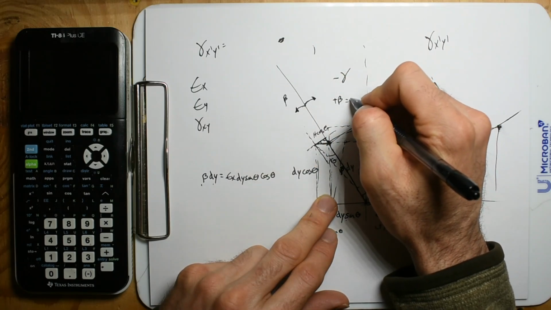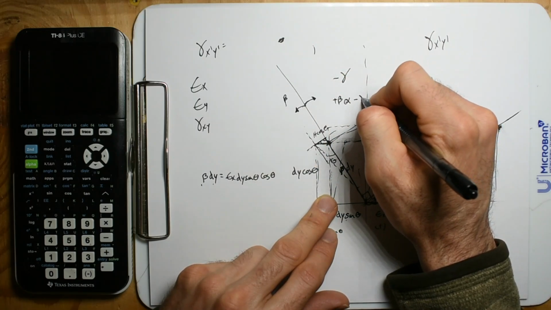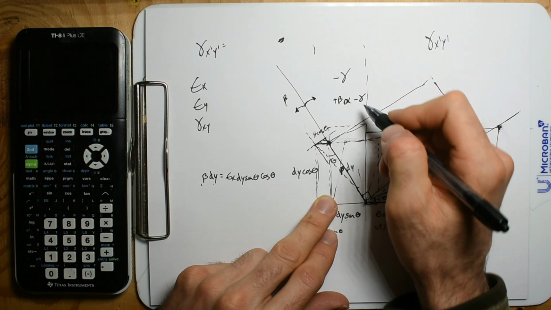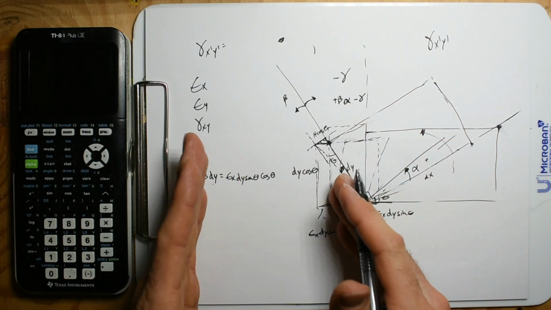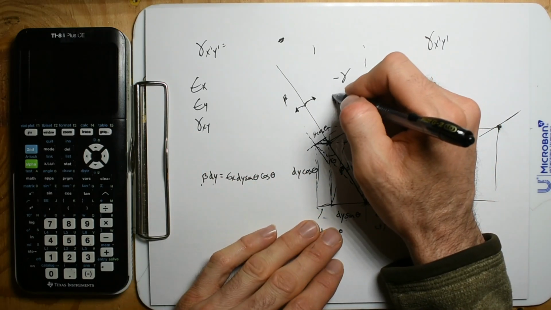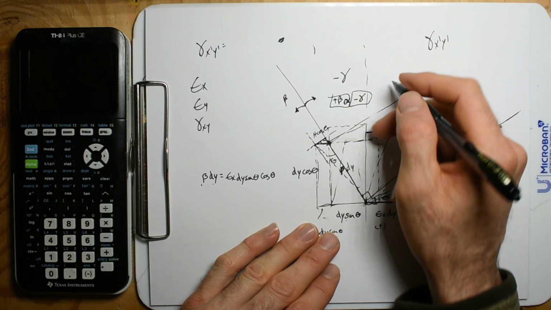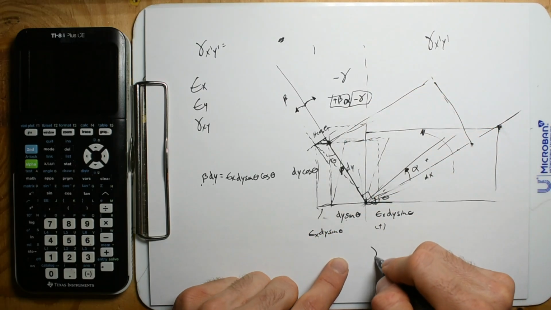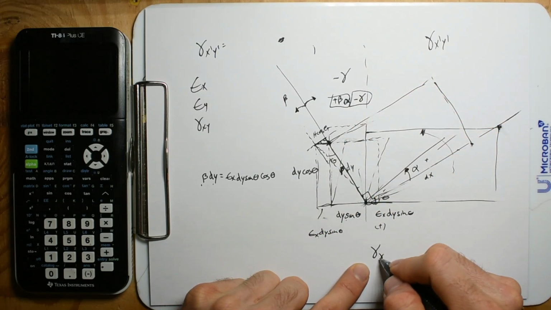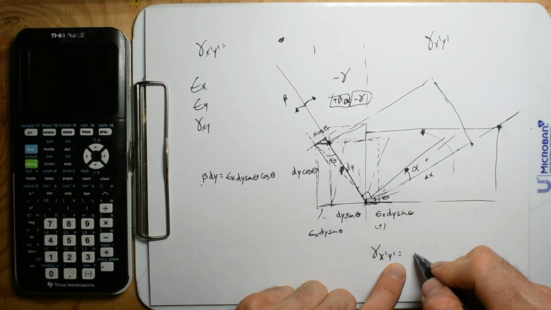But that's going to be associated with negative shear. Isn't that crazy? So we're going to get our beta term as a positive number, but know that that's associated with a negative shear. So our total shear in the x prime, y prime direction is going to be alpha minus beta.